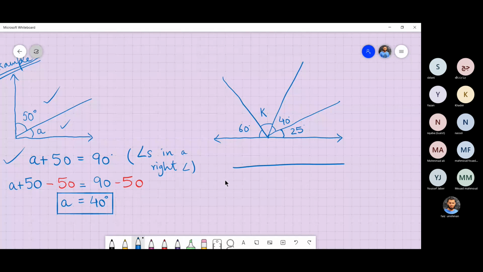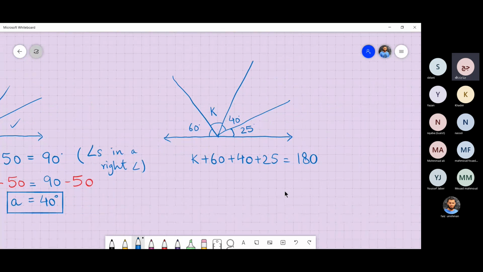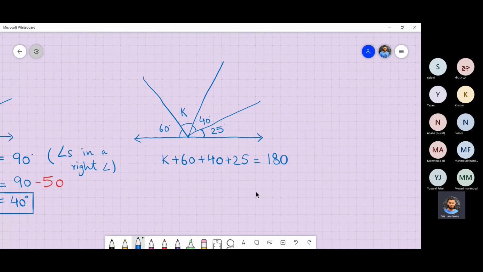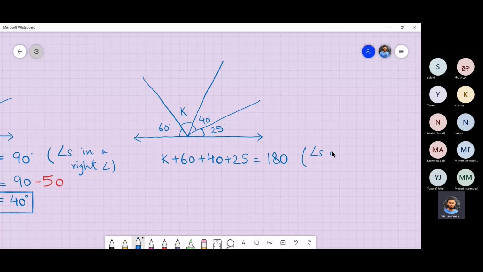K plus 60 plus 40 plus 25 equals 180 degrees. Exactly. K plus 60 plus 40 plus 25 should give me 180. Correct? And the reason is angles on a straight line.